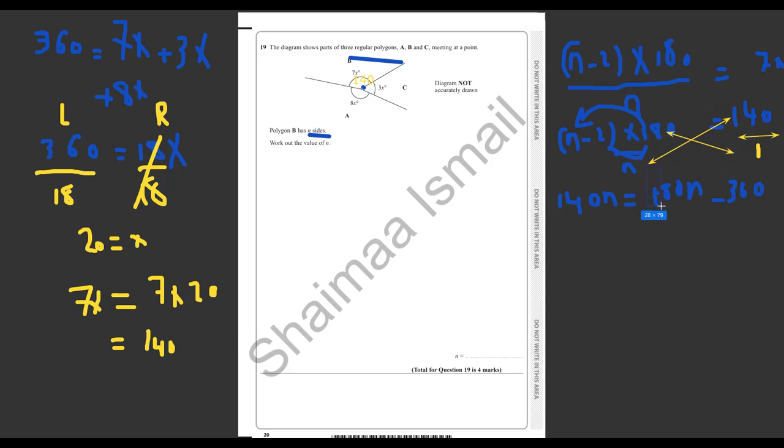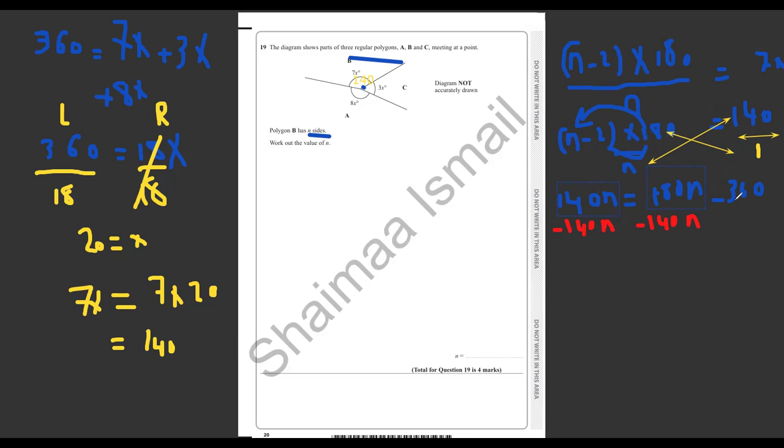So here we have to combine 140n with 180n. So we have to get it all on one side. So here I'm going to say that is minus 140n, and here will be minus 140n.